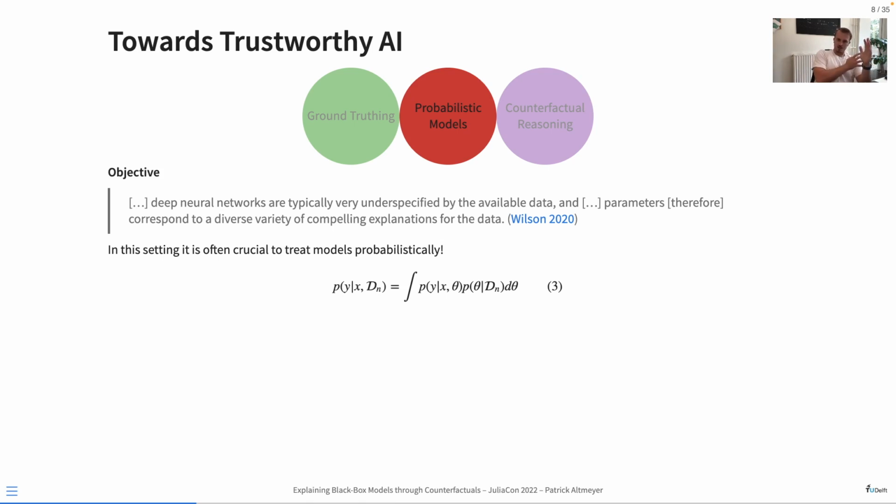Relating this back to the adversarial attack that we saw earlier for this panda image, there are patterns in the data that these deep neural networks pick up on that aren't necessarily compelling. One way to deal with this is to treat these models probabilistically and instead of computing plug-in predictions, compute the predictive posterior, so sample predictions from a distribution.